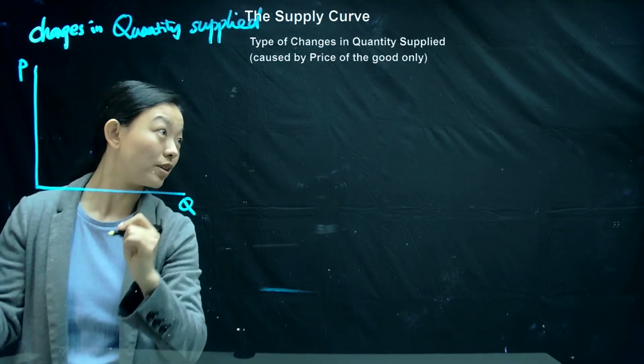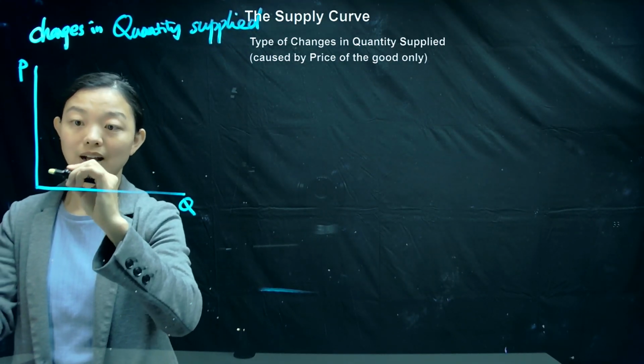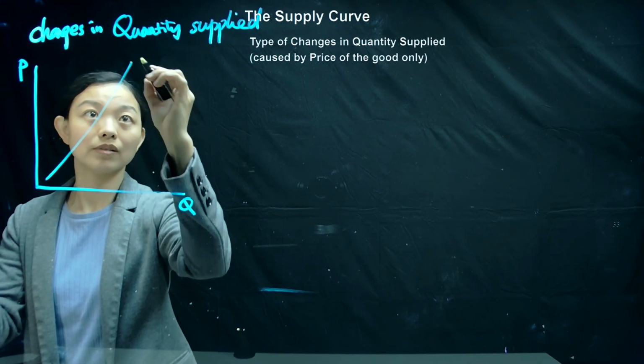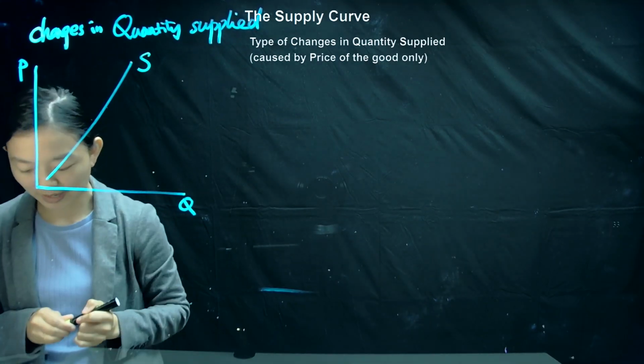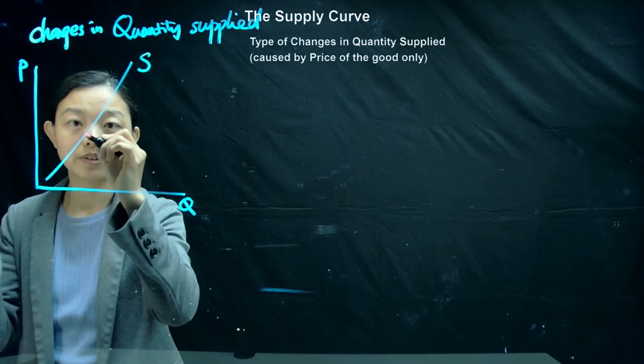Price, quantity. Supply curve, upward trend. This is the supply curve. I mark 2 points.